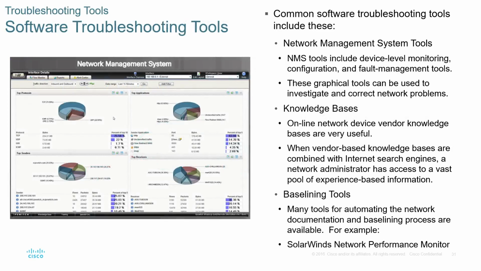Now, we have other multiple software troubleshooting tools. We have those called network management systems. Network management system tools include device level information, configuration, and fault management tools. These tools are amazing because they will display networking information in a way which is easy to digest. They will show nice graphs, nice statistics, nice percentages, and so on.